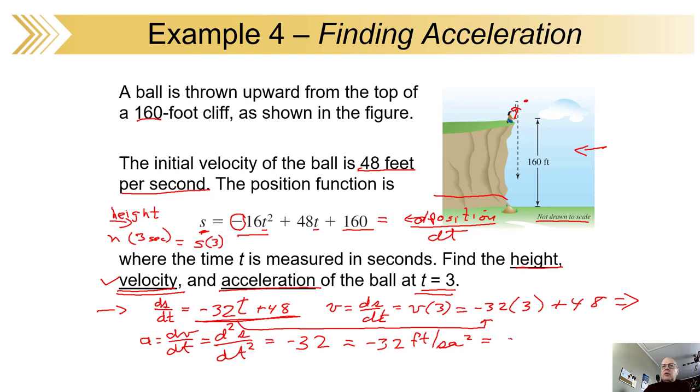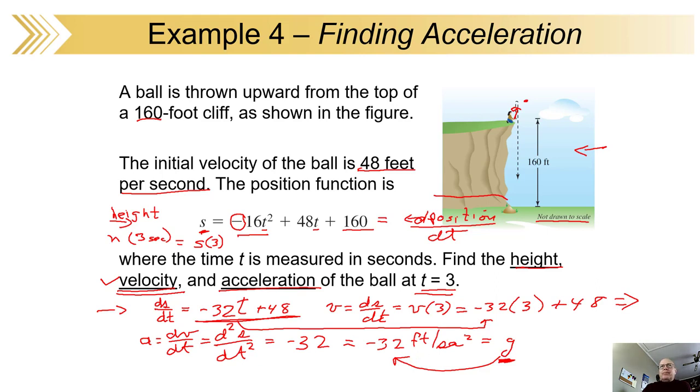And those of you who may have taken physics in high school might recognize that as g, the acceleration due to gravity at sea level. This value is actually different at different places. Most of us are close enough to sea level that this g of negative 32 is always what we have.